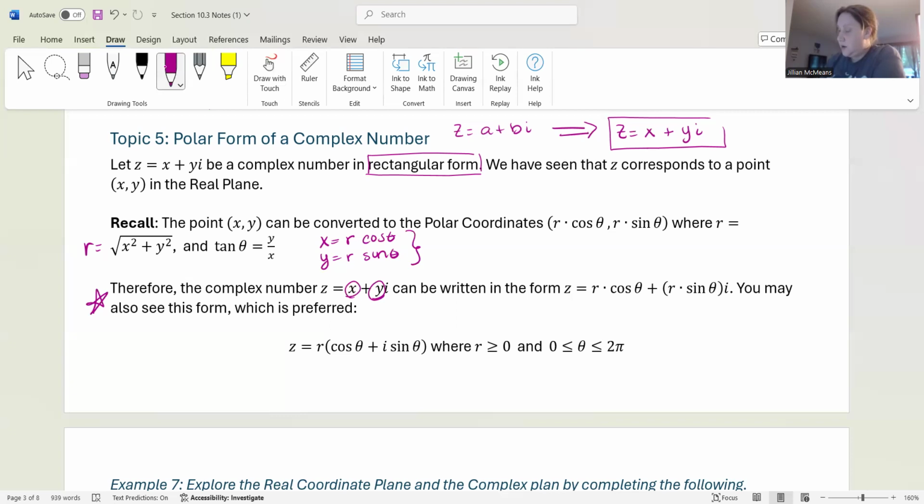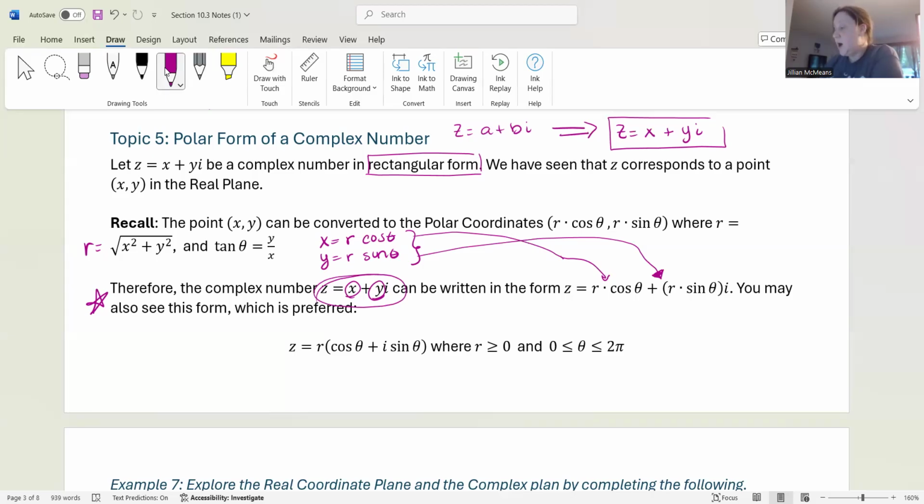All we've done was take this and plug it in here and this and plug it in here. So we have that z equals r cosine theta plus r sine theta times i.